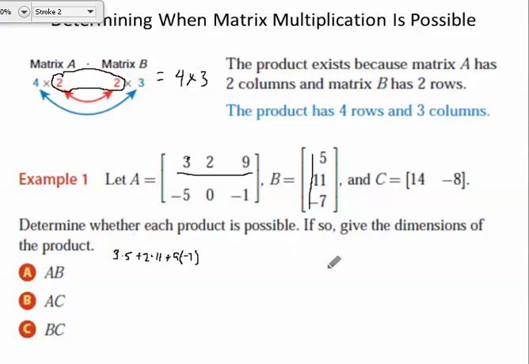So 15 plus 22 is 37 plus negative 63. Boy, I can't do this in my head. 15 plus 22 plus, let's see, negative 63, and I get negative 26. So negative 26 will be the first entry that I will have here.